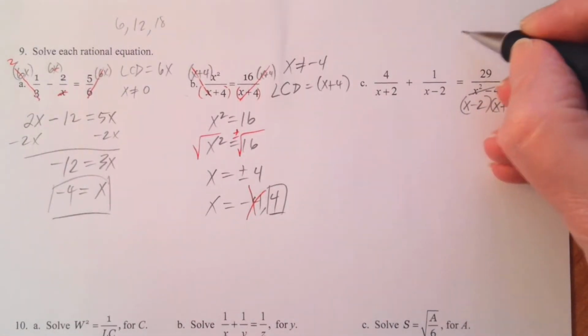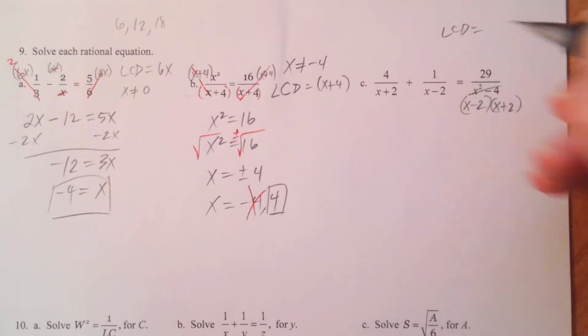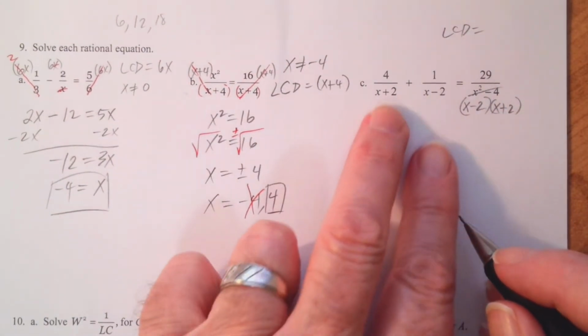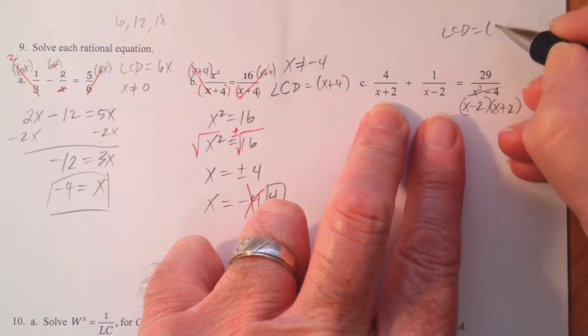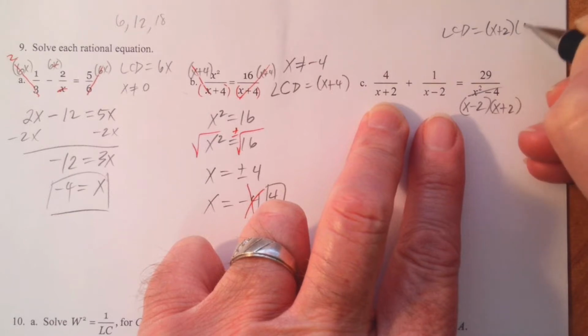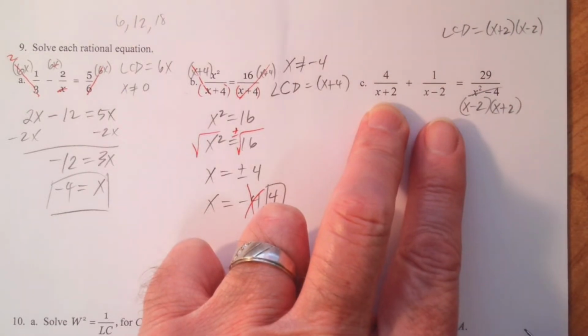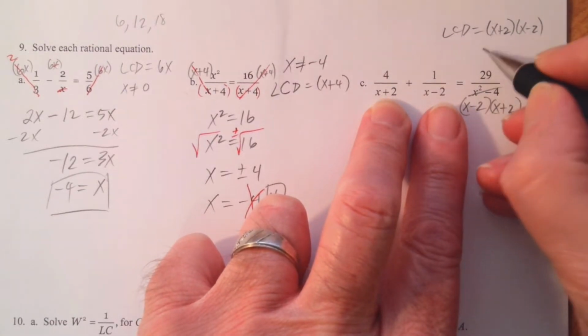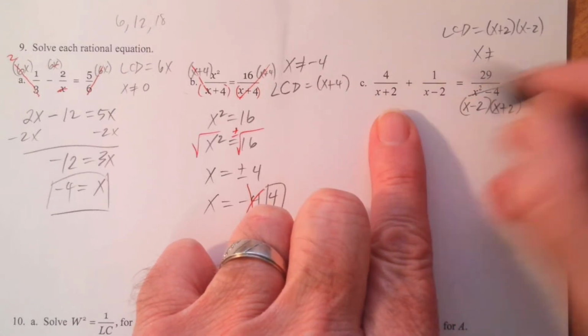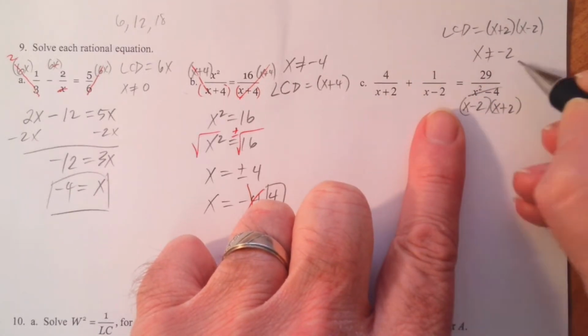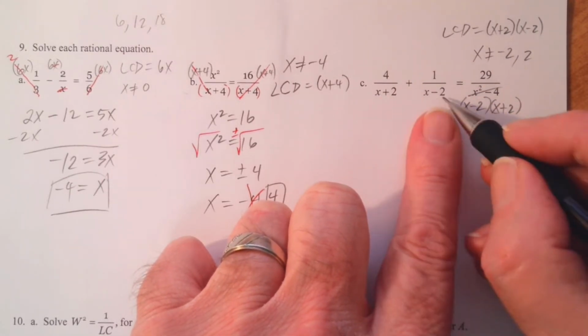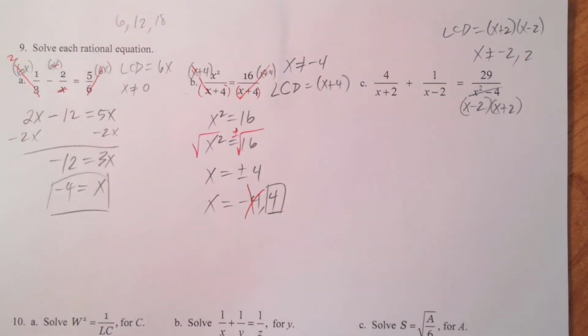And so you can see our LCD includes both algebraic factors that we've found here, the x plus 2 and the x minus 2. That's all we've got. Now notice x can't be negative 2 or positive 2 because that would cause our denominators to be 0. We'd be undefined. So those are your restricted values.